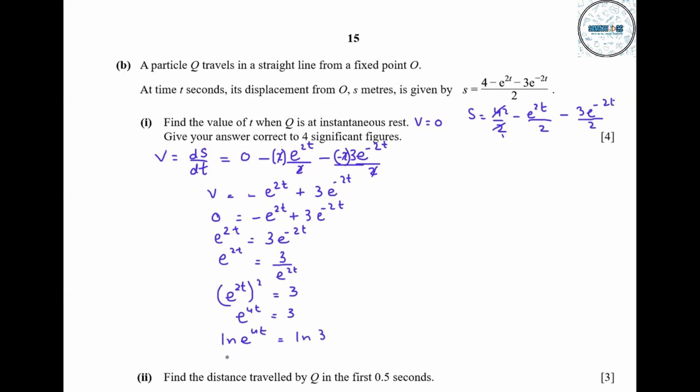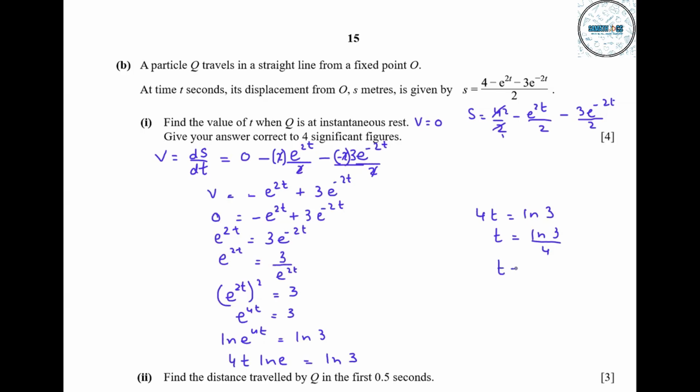So 4t ln e is equal to ln 3. Ln e is equal to 1. So 4t is equal to ln 3, and t is equal to ln 3 divided by 4.